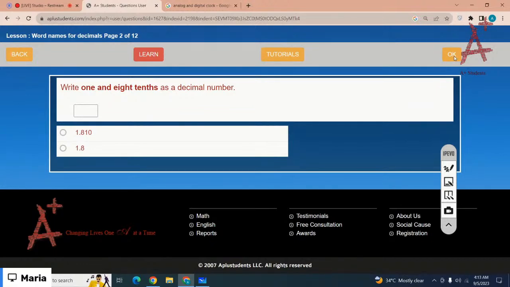So it would be 1.8, because 1 is the whole number and 8 is at the tenths position.